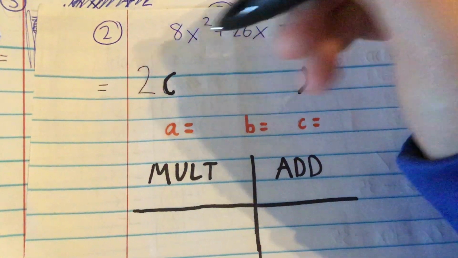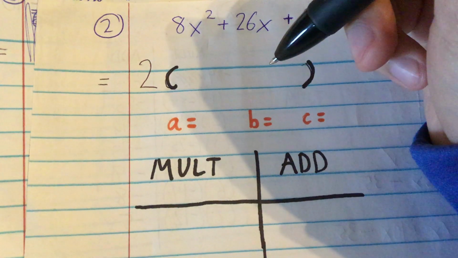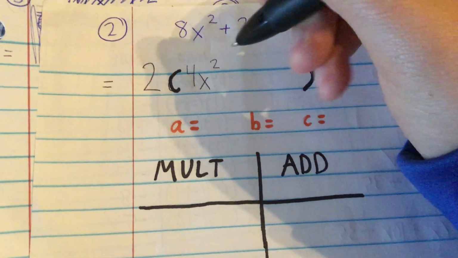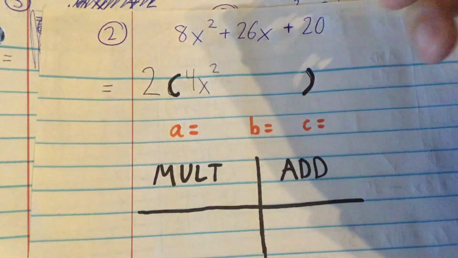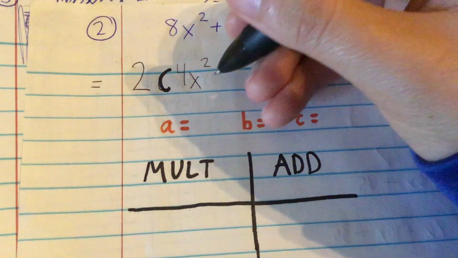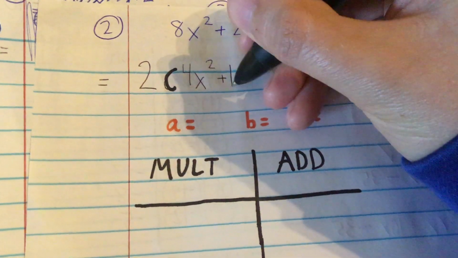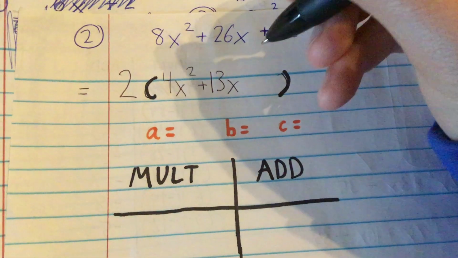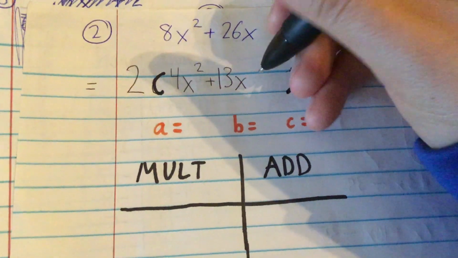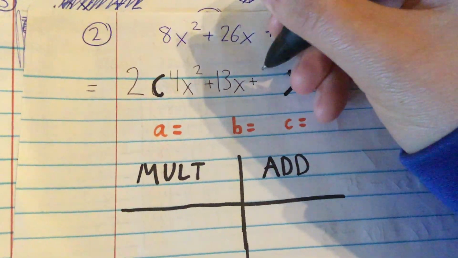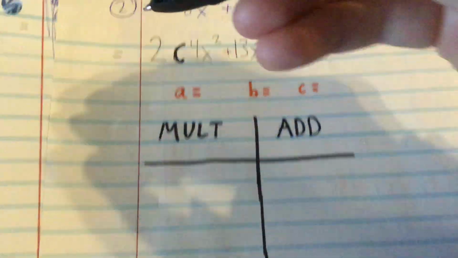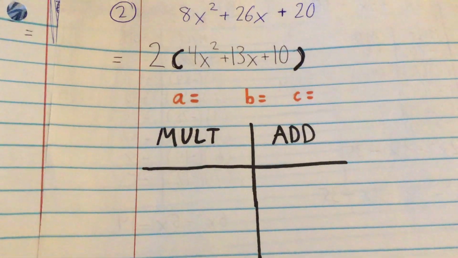2 times what is 8x squared? 4x squared. 2 times what is 26x? Positive 13x. 2 times what is 20? Positive 10. So now that the 2 is factored out, I'm going to incorporate that at the end of my answer.